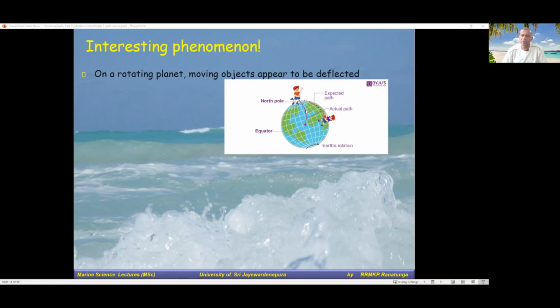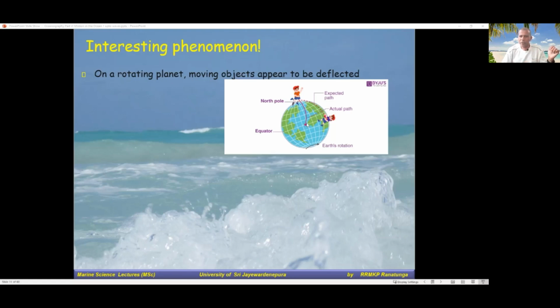Why is that? Because the Earth is rotating, but the speed of the rotation is different from one place to another, because it is a sphere.